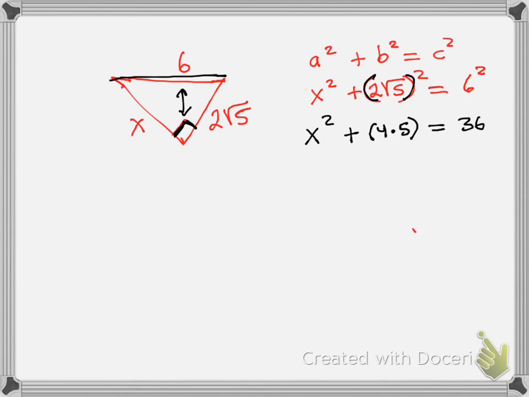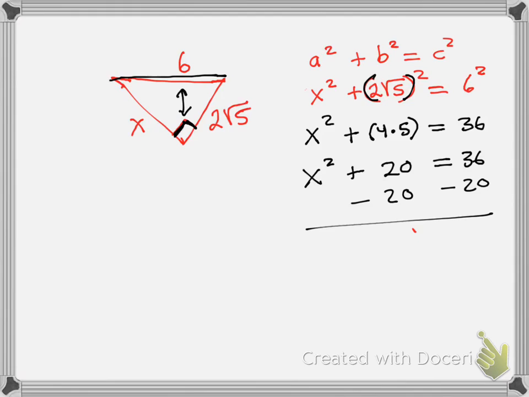You with me? So then I get x squared plus 20 equals 36. Subtract the 20 and we get x squared equals 16. Root both sides. x equals what? 4. 4 units.